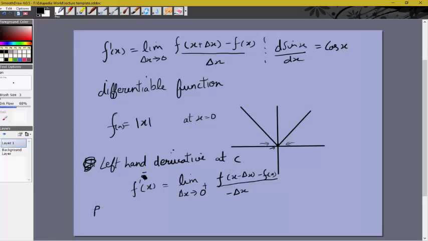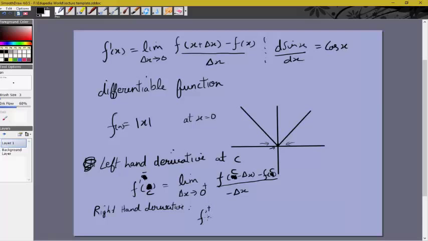And the right hand derivative is given by, we are talking at a particular point c, so I'll just write it as c here. The same goes for the general x as well.